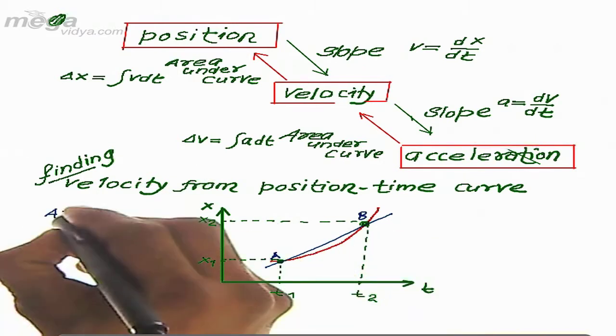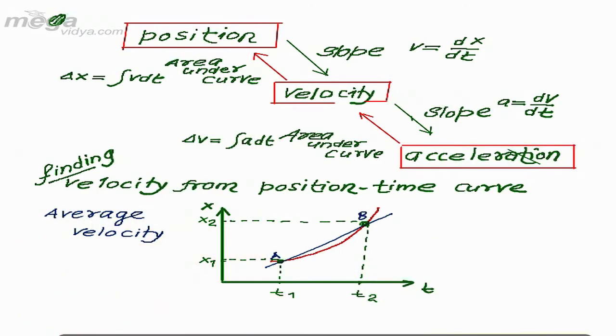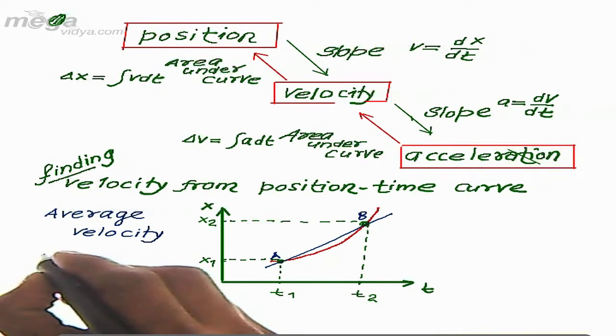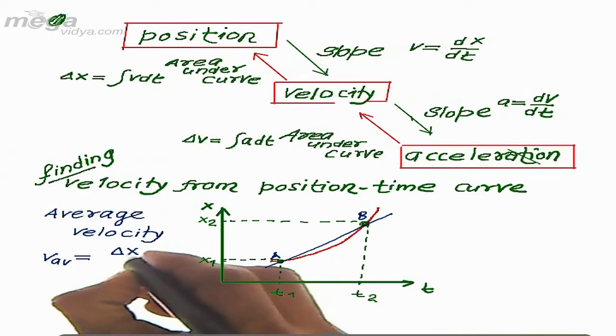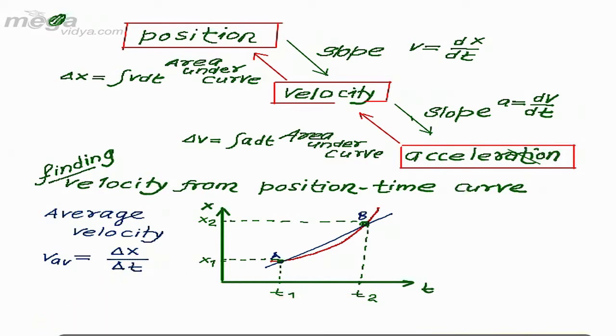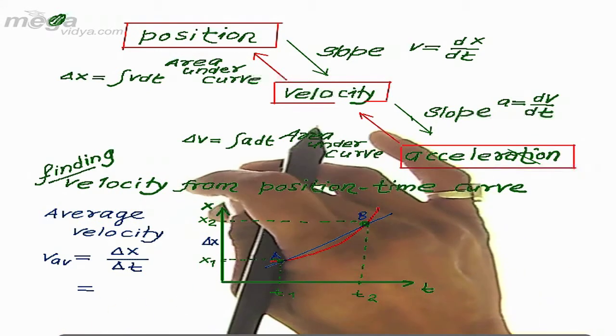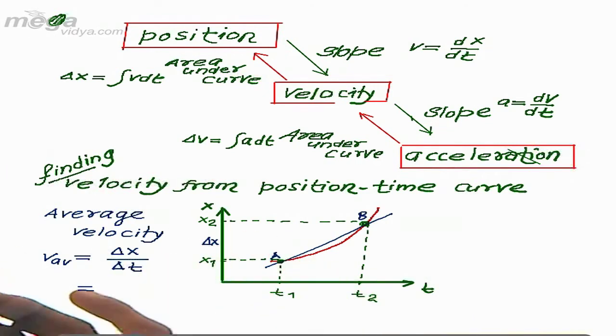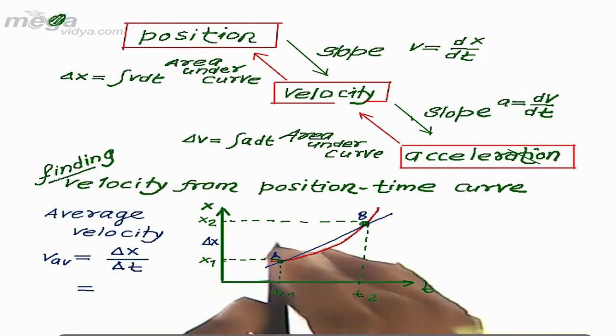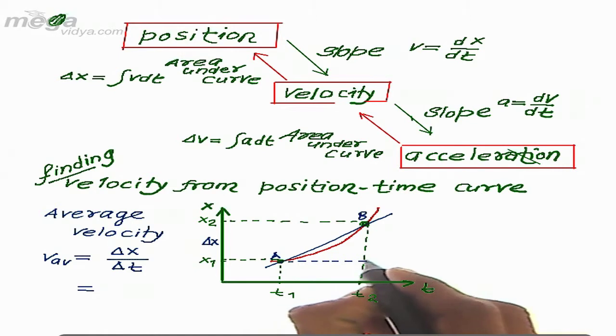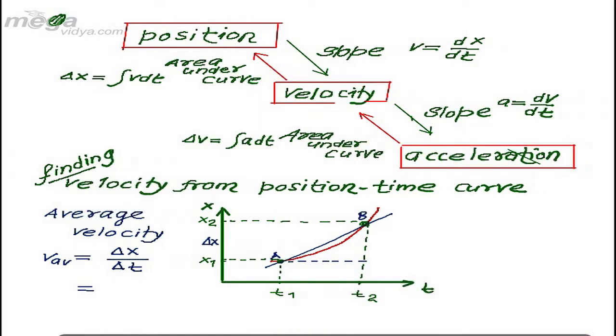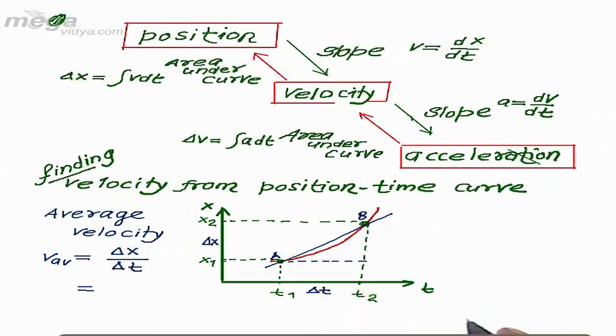One term is average velocity, which is defined as change in position divided by time taken. From this curve, we can easily get change in position as the difference between final position and initial position, say x2 minus x1 is delta x, and for these two corresponding positions the times are t2 and t1. So we can get time taken, delta t, as time t2 minus time t1.